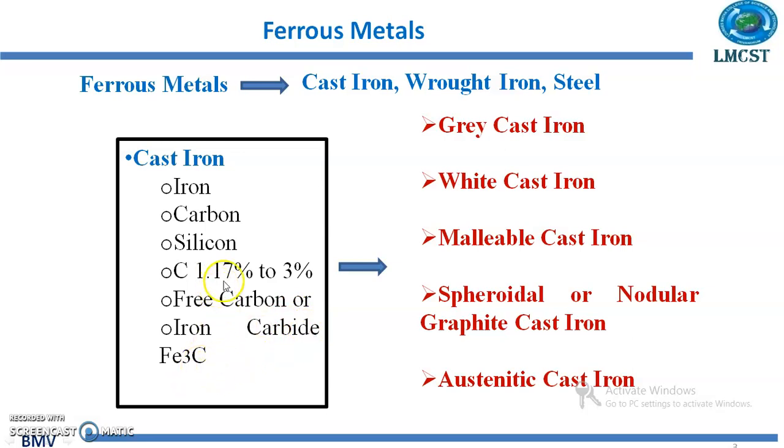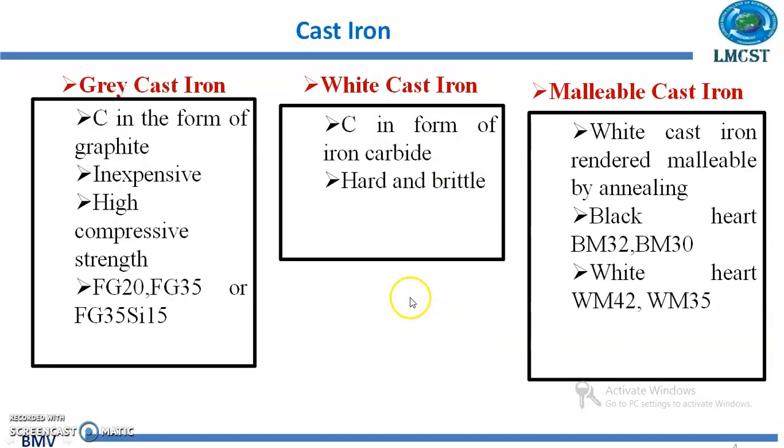This is hard and brittle. These are the varieties of cast iron we have: grey cast iron, white cast iron, malleable cast iron, spheroidal or nodular graphite cast iron, and austenitic cast iron. So let us see this.